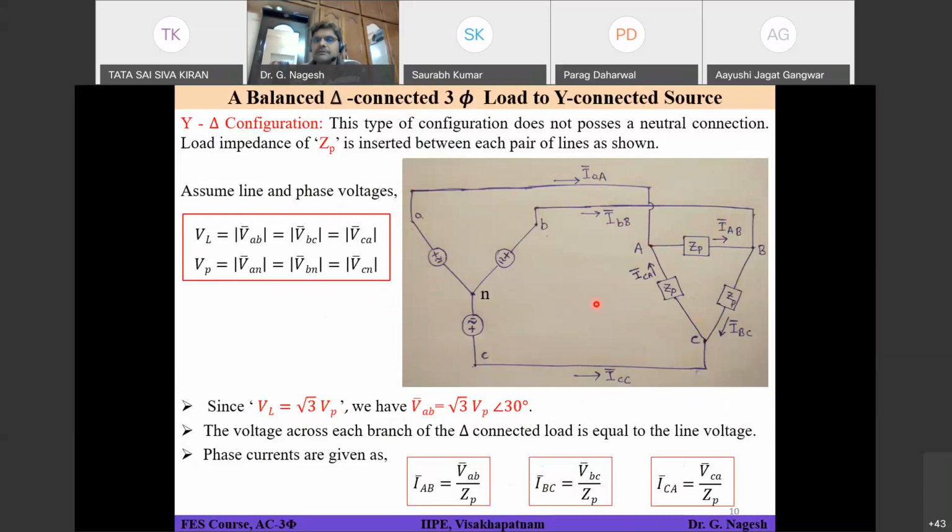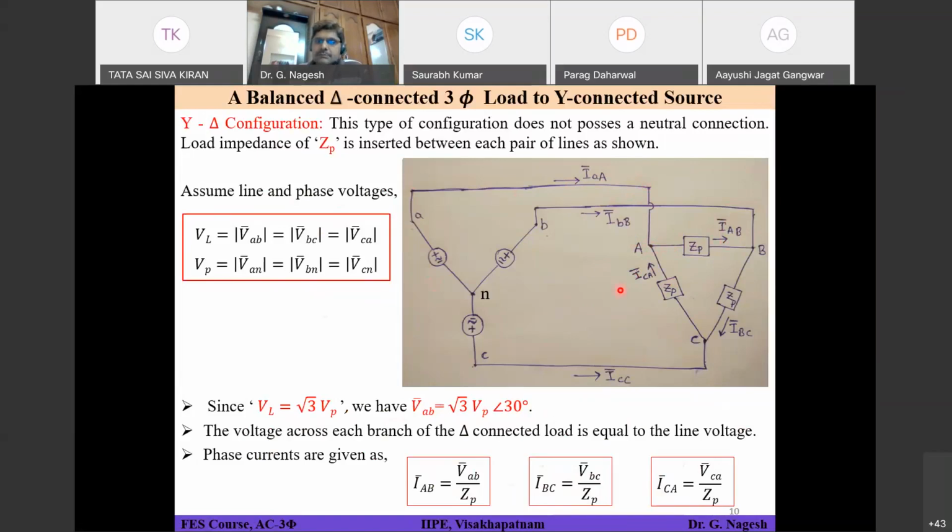So IAA is equal to IAB minus ICA. How are we getting that? You are simply applying KCL at terminal A at the load side. This is incoming current, this is also incoming current. Sum of incoming currents should be equal to sum of outgoing currents. If you apply that, IAA is equal to IAB minus ICA.